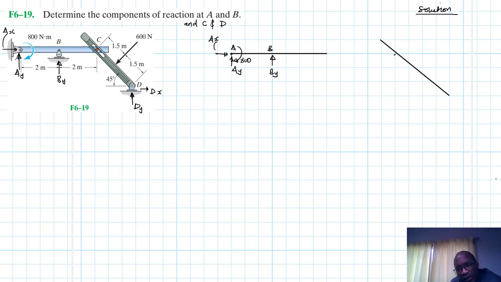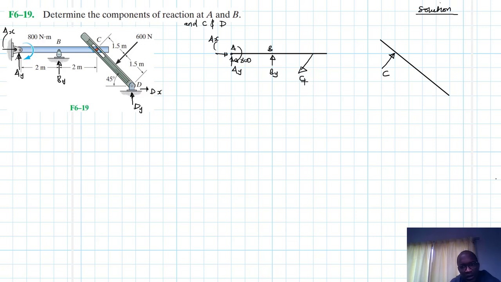We can indicate here we're going to have a reaction force like this, perpendicular to the longitudinal length of that slot. Let's call it C. So if we have it like that, then we expect the opposite here. It's going to be in the opposite direction like that.